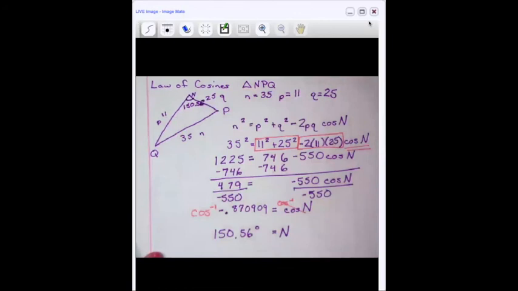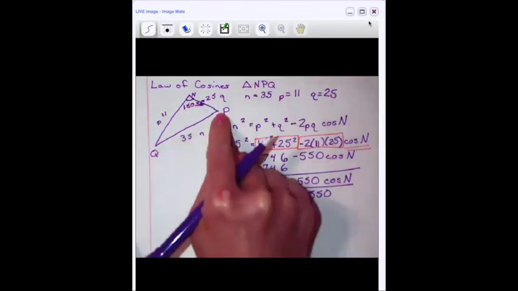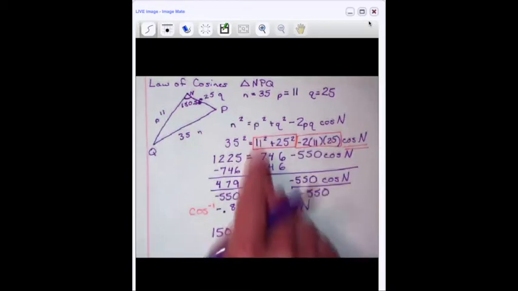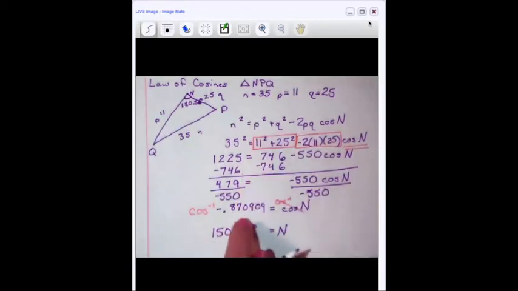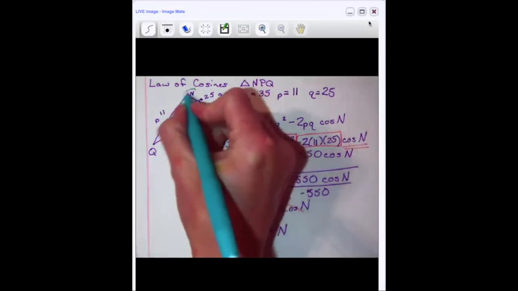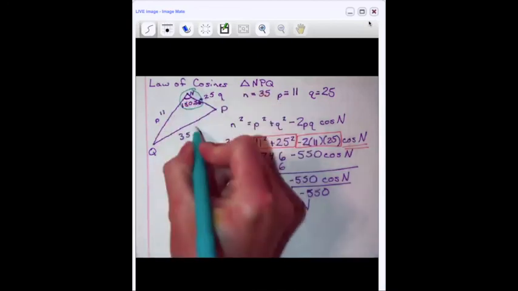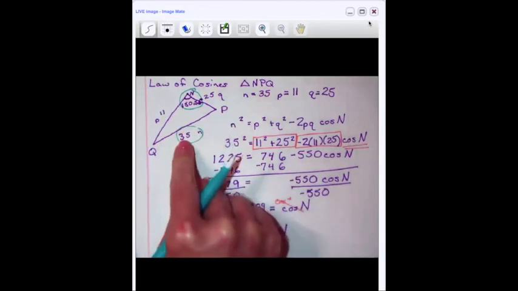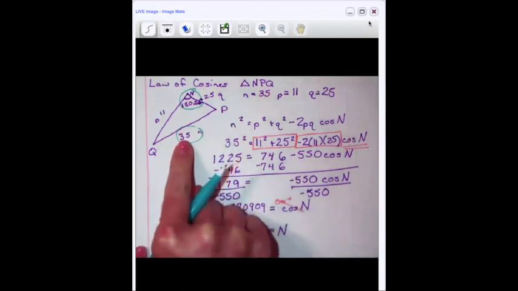So I found one angle. I'm looking for all three angles. I honestly don't want to go through the law of cosines again because that's a lot of work just to find one measurement. But now, if you pay attention, we have this angle and this side that creates a full ratio if we look at our law of sines.